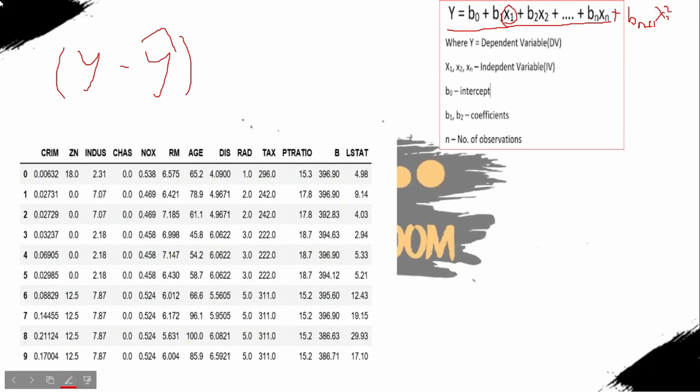And this x1 squared could be another column, for example, let me take this indus, and this indus squared.